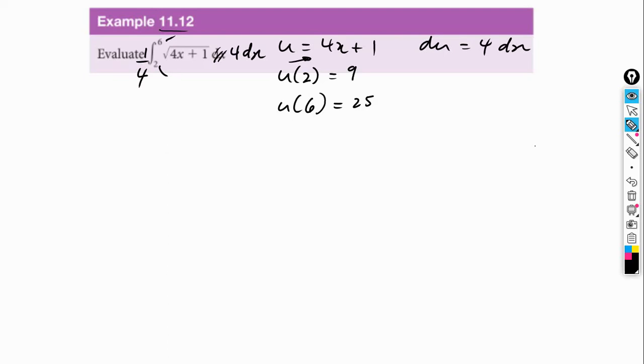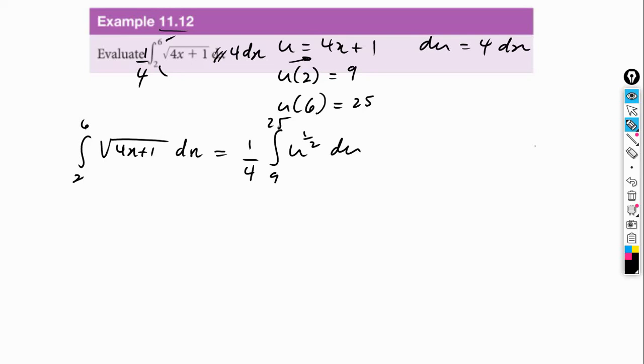So notice that the integration from 2 to 6 of the square root of 4x plus 1 dx is going to equal, once we do the u substitution, 1/4 of the integration from 9 to 25 of the square root of u, but I'll just write it as u to the 1/2, du.